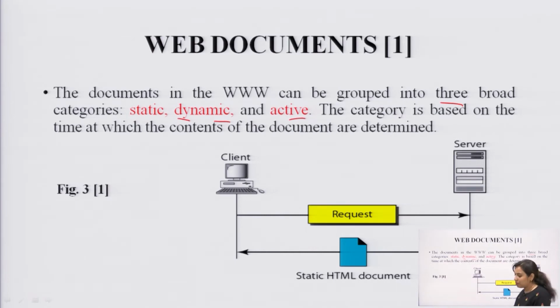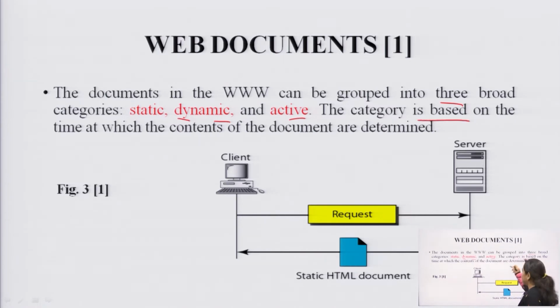Web documents means whatever data you are accessing or whatever site you are seeing, it is characterized into different categories, which is known as documents, and if it is related to the internet, that is World Wide Web, then it is known as a web document. Otherwise, simply it is known as a document, which is information present on paper, but if it is related to the internet, to a website, then it is a web document.